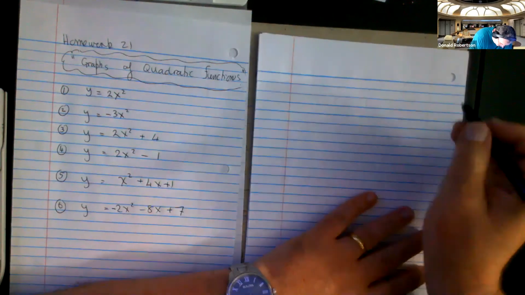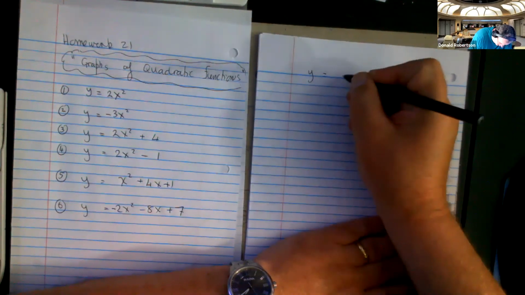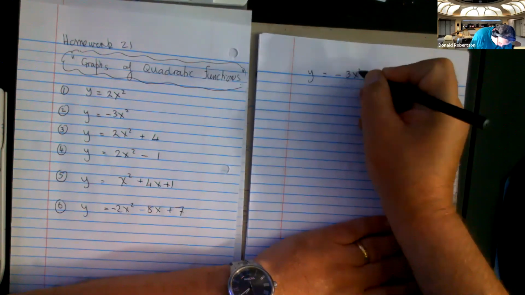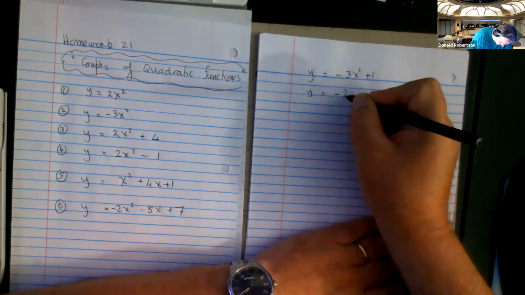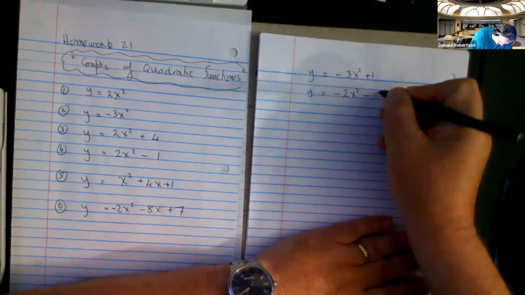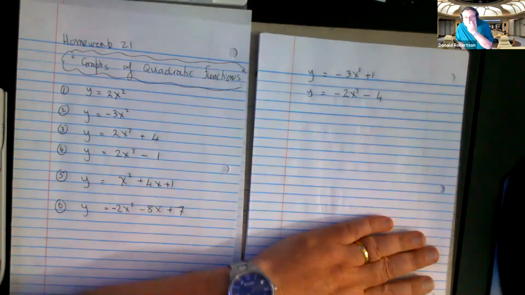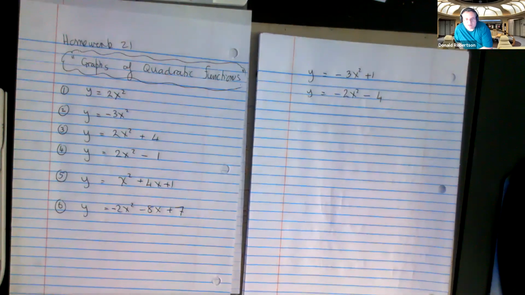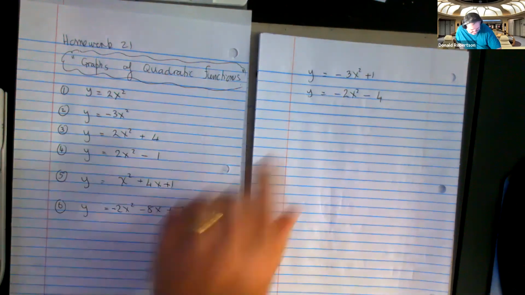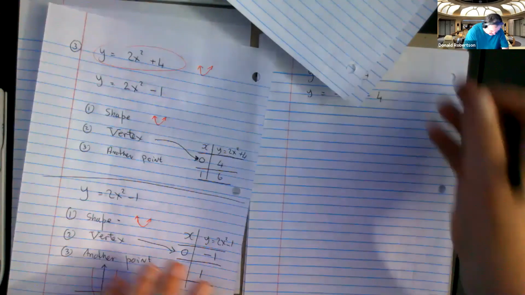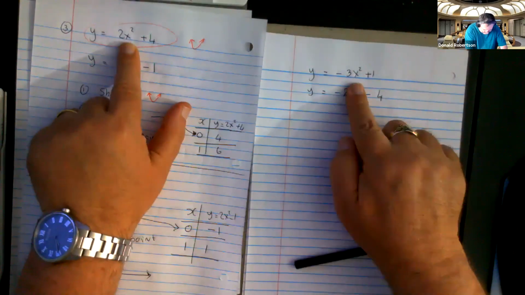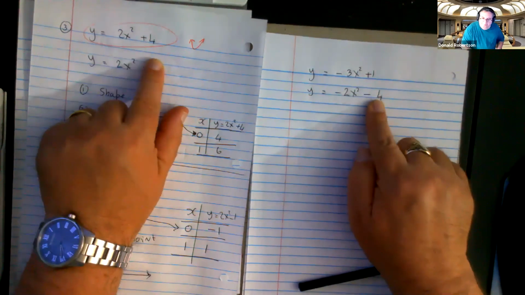We've got time for some more of these, but a little bit different. They're still in the family that looks like these guys, right? It's so many x squared plus or minus a number, right?